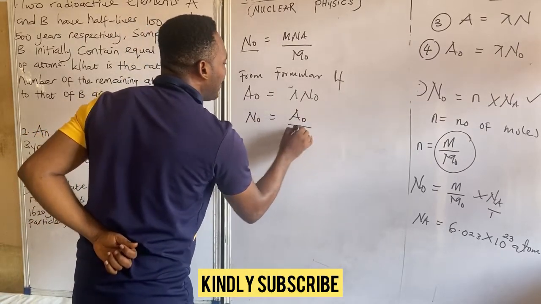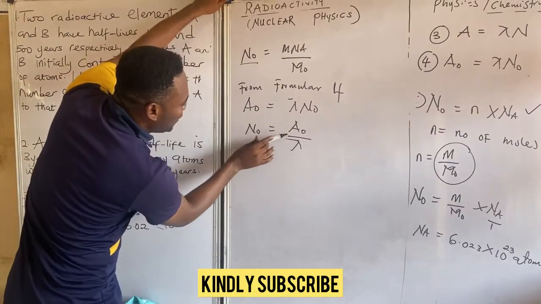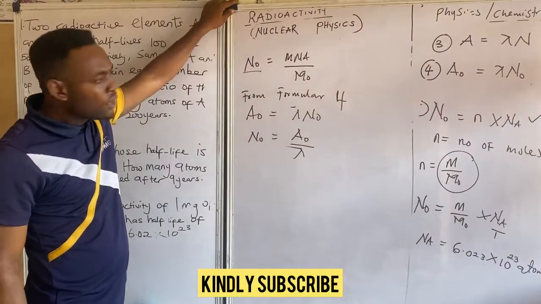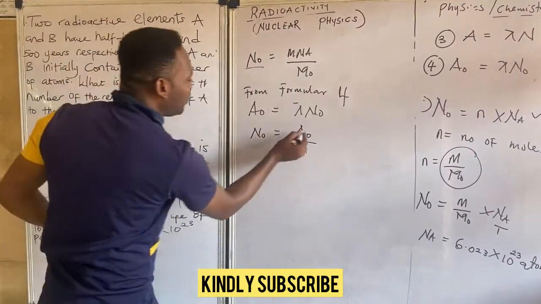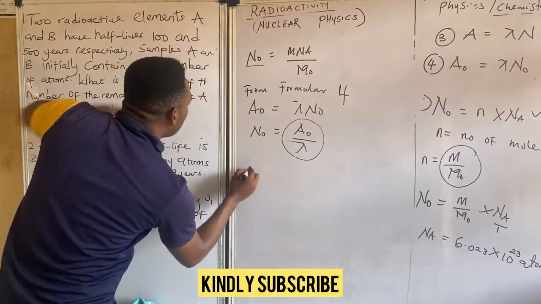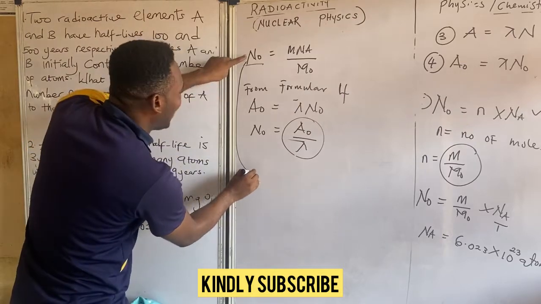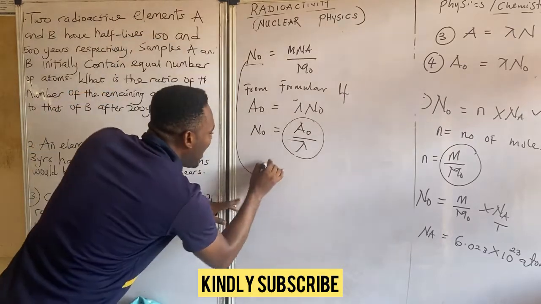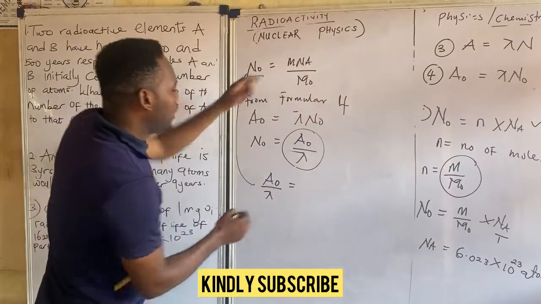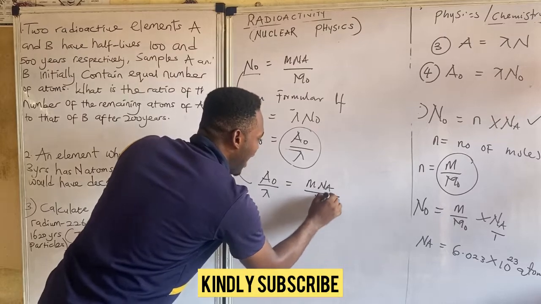A naught over lambda. Meaning that I can substitute A naught over lambda into this place. Remove N naught, put the value. What's the value? A naught over lambda. Put it here. So I will have A naught over lambda equals M Na over M naught.